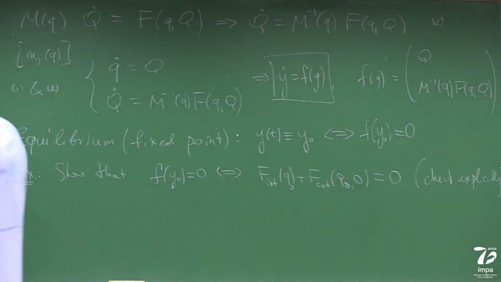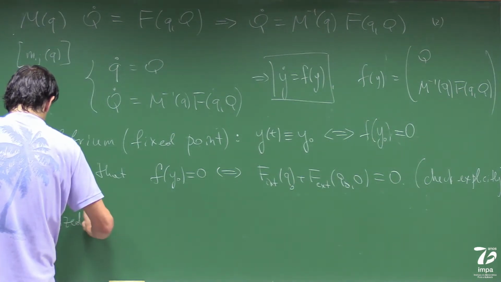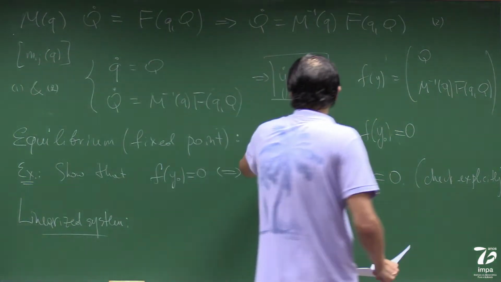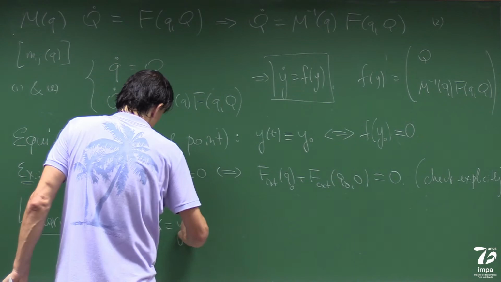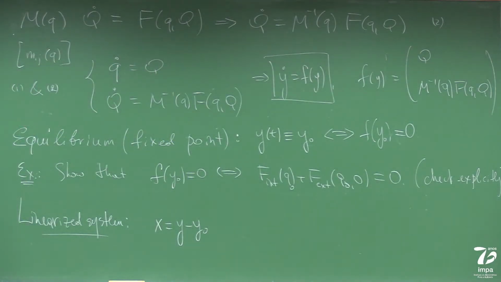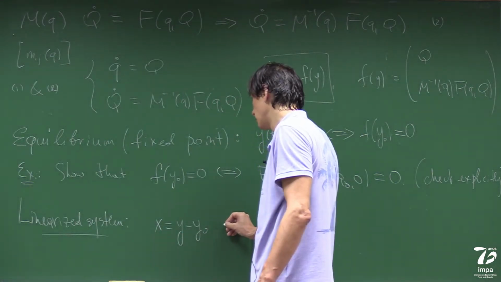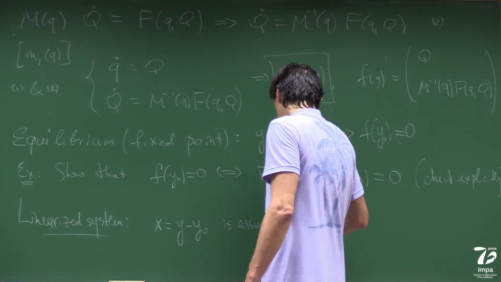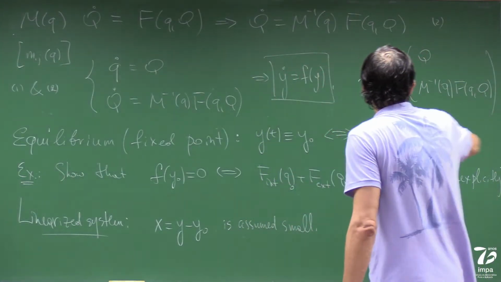Okay, then the next step is the linearized system. So how do you define the linearized system for this equation? This is rather easy, because you consider x as the difference between y and y0, and you assume it's small. So then you can expand this function f.